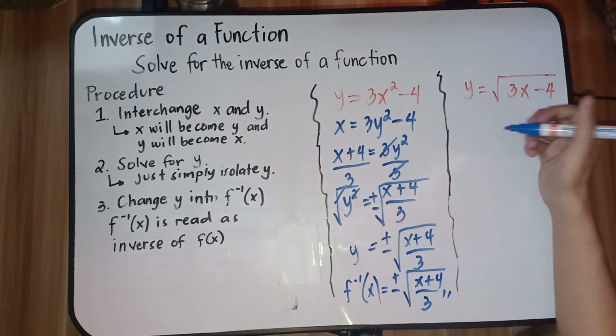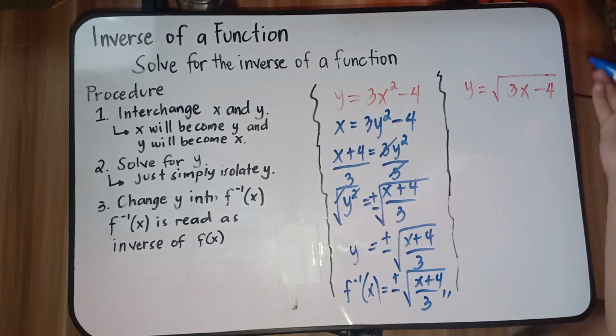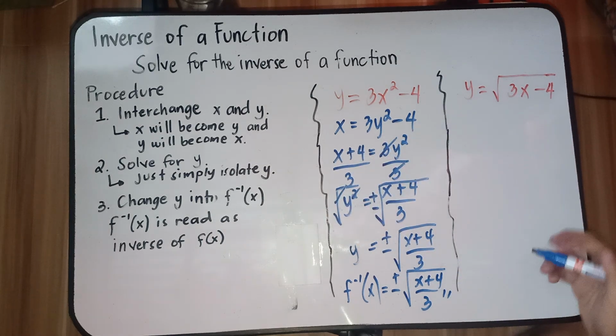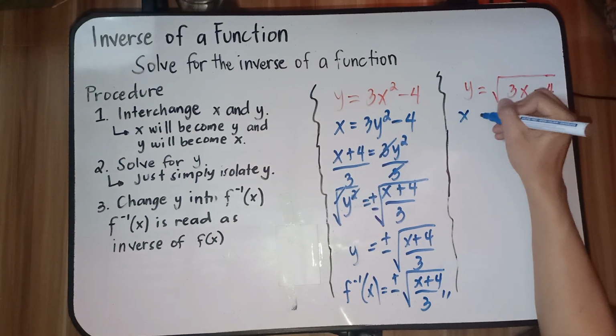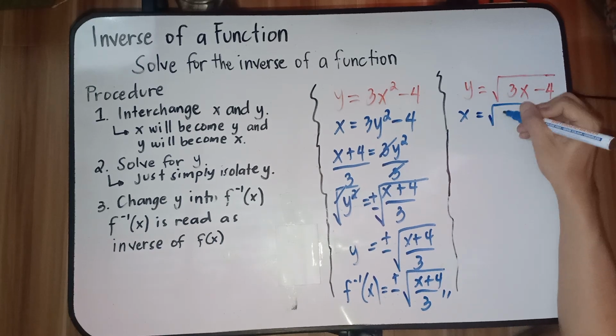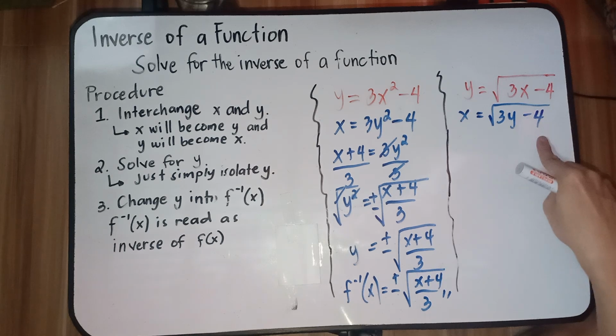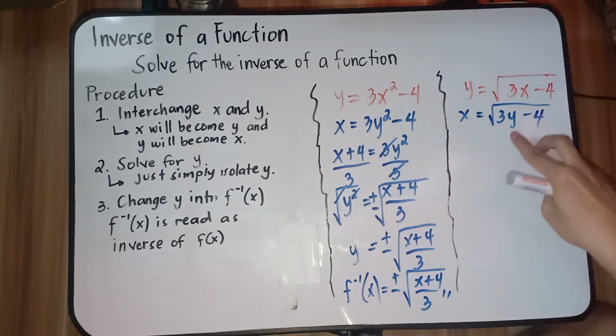For problem number 4, we have y is equal to the square root of 3x minus 4. To solve this one, same procedure, we need to interchange x and y. So we have x is equal to the square root of 3y minus 4. And notice that 3y minus 4 is inside the radical sign.